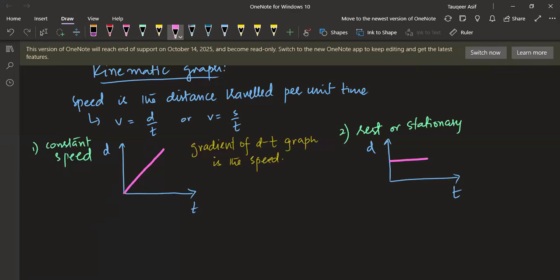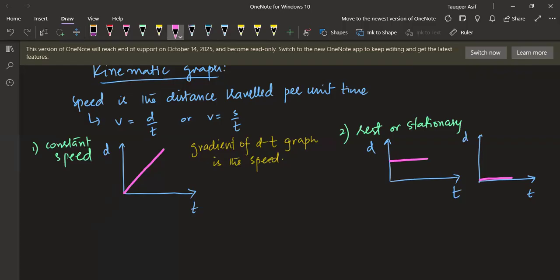So either you draw it at a certain height on the y-axis, or you draw it at this point. Both indicate the distance time graph for a body that is not moving.